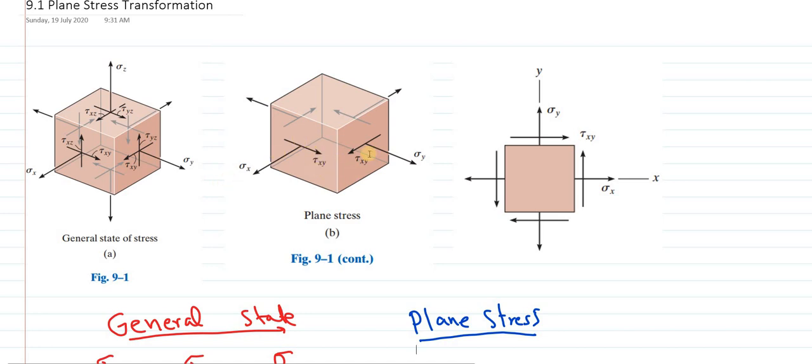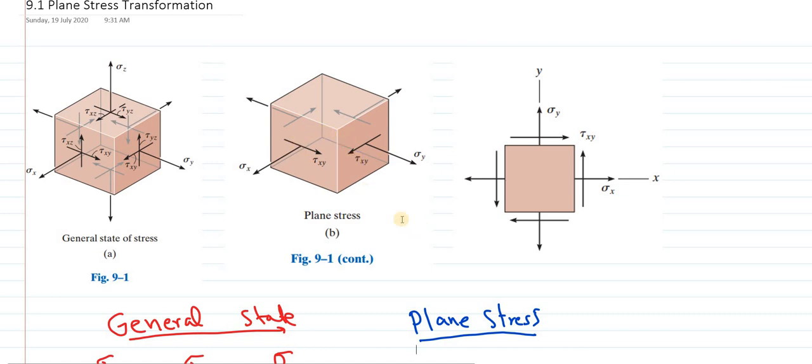So we have the x-axis, y-axis, and then the z-axis acting upward. So in this case, the stresses are in the xy plane. In some other case, we can have stresses acting in maybe the xz plane or yz plane, but we have considered over here that the stresses are acting in the xy plane.